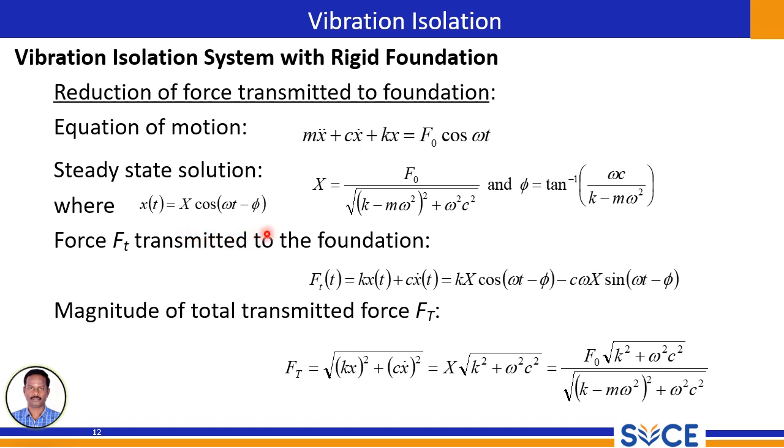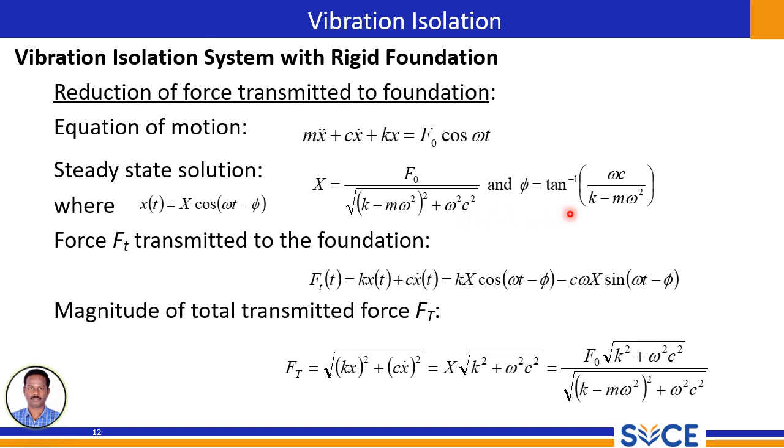This represents the long-term behavior of the system after any transient effects have died out. The x is the amplitude of the steady-state vibration and phi is the phase angle. This slide then provides expressions: x equals F naught divided by the square root of [k minus m omega squared] squared plus [omega c] squared.